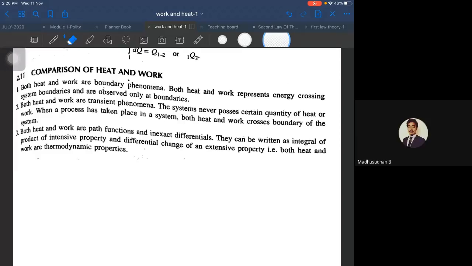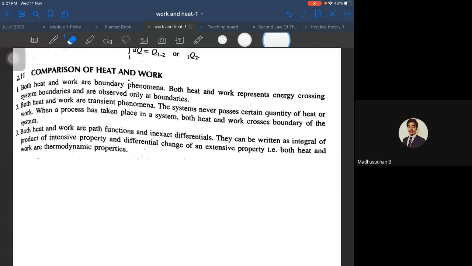Okay, pretty much, transferable is the right meaning, but it is accounted for the time. If you change the time, if you increase the duration, even the magnitude of the work, even the magnitude of the heat will vary. Such a phenomenon, which is time-dependent, is known as a transient phenomenon.